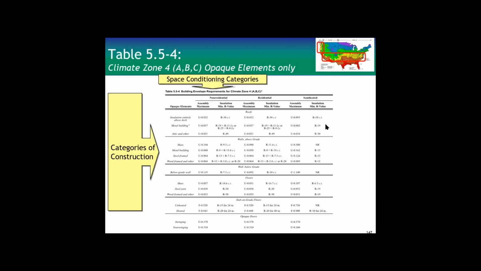All right, so here's a blow up of the top half. This is climate zone 4, opaque elements only. We have non-residential, which are commercial buildings. We have residential, which are hotels and apartments. We have semi-heated, which are warehouse type spaces that are heated but not fully air conditioned.